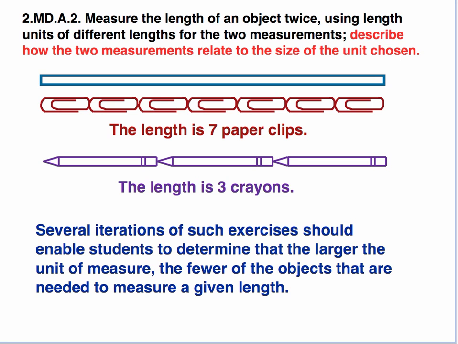After several iterations of such exercises, students should be able to determine that the larger the unit of measure, the fewer of those units are needed to measure a given length. So again, it's an inverse relationship. The smaller the unit of measure, the more of them you're going to need.